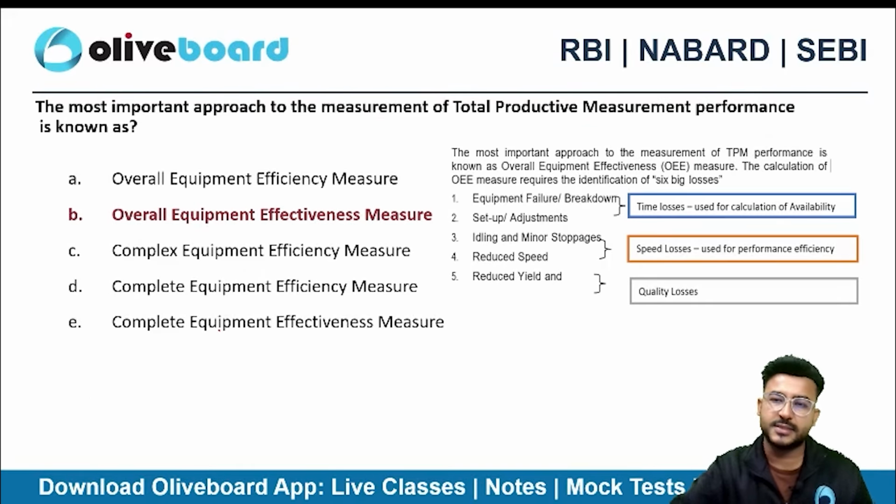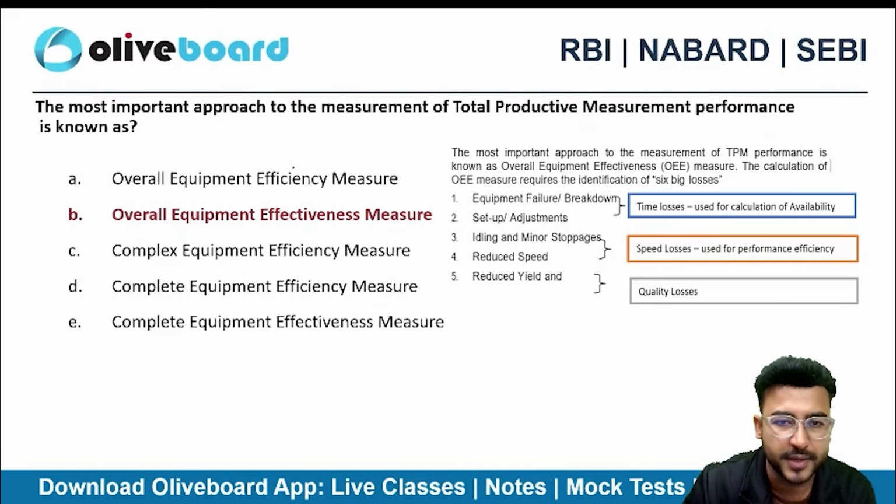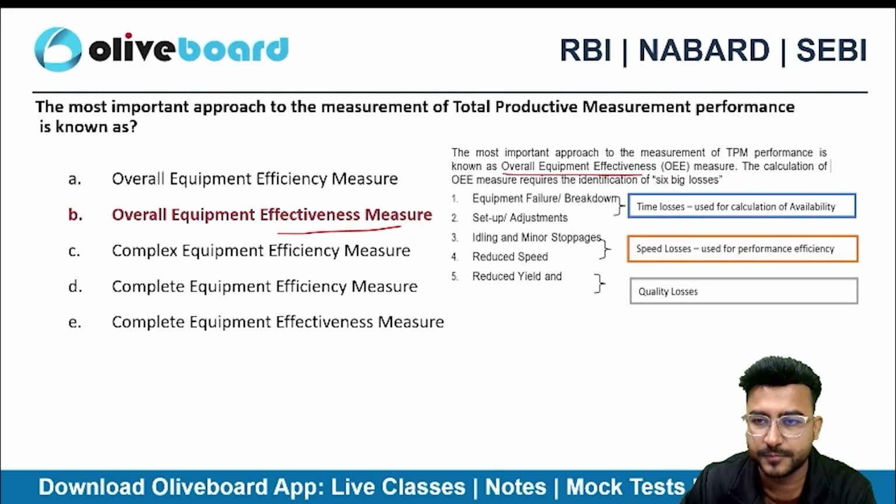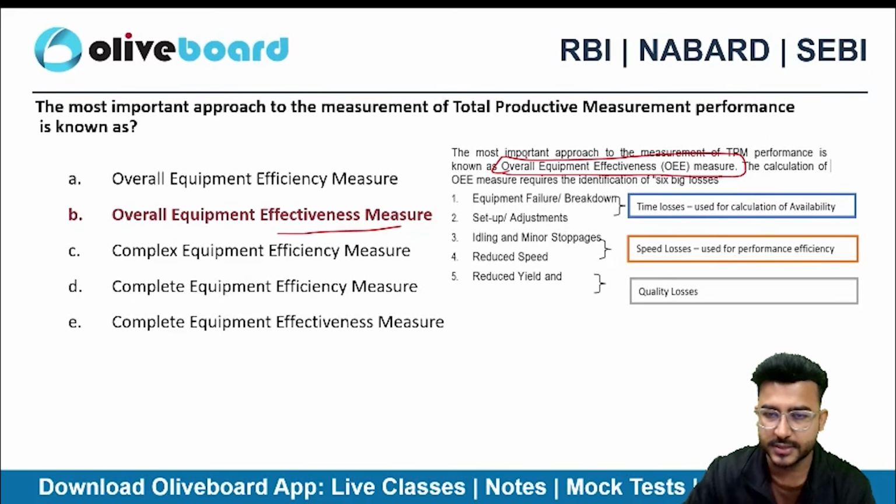Option B here is the correct choice, which is overall equipment effectiveness measure. Okay, overall equipment effectiveness measure. Option B here is the correct choice.